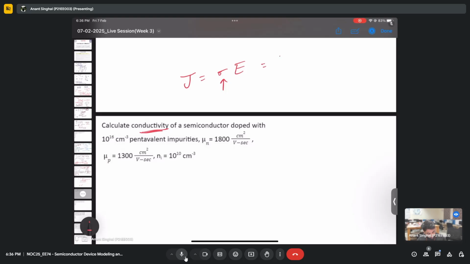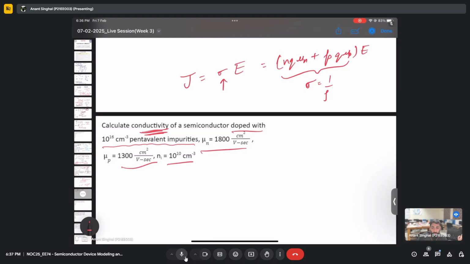If I try to write completely, it is N Q mu N plus P Q mu P. This thing is conductivity, which is also 1 by resistivity. For this problem, you need to find the conductivity of a semiconductor doped with pentavalent impurities, and mu N or mu P, and Ni is given.